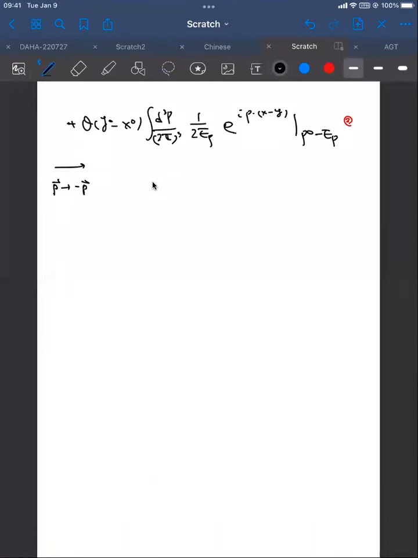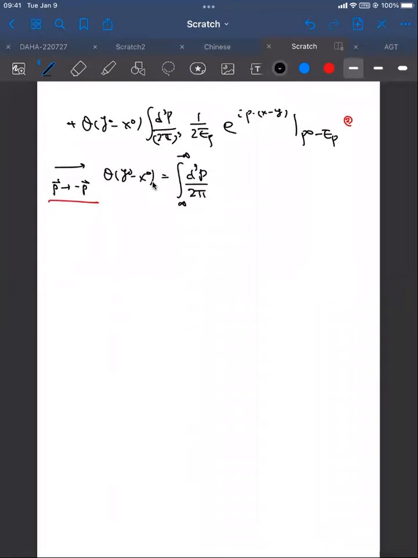Then what we have is theta(y0 minus x0), which doesn't change, d cube p over 2 pi cube, with the integration now from infinity to minus infinity because of this change.